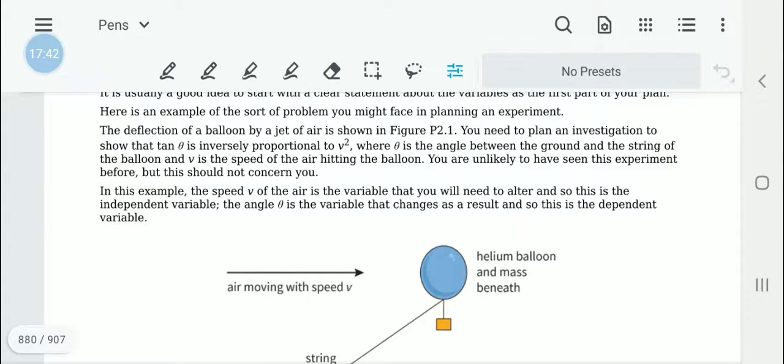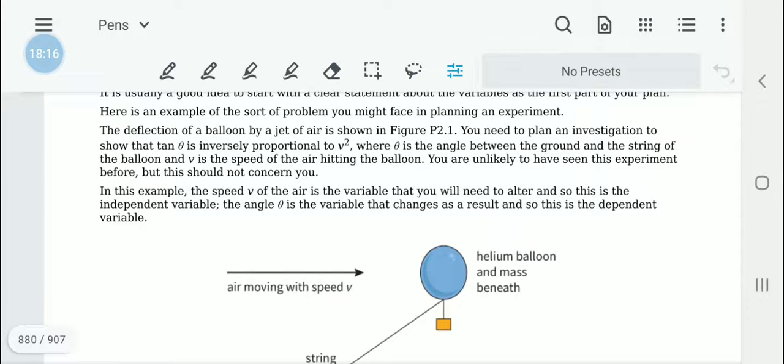Write down, when the effect of a jet of air on the deflection of a balloon is to be tested by experimentation, we need to identify the independent variable.